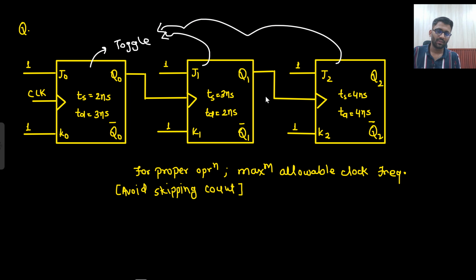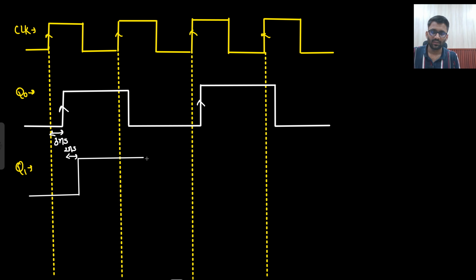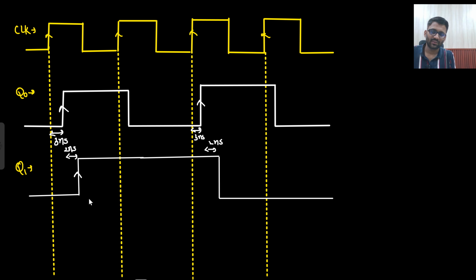Now, when this will toggle, sorry, I made this waveform wrong. So this will toggle at the next rising edge, right? Here it will toggle. So 3 nanosecond. It doesn't look like 2 nanosecond, but let's assume it. So this is the rising edge.